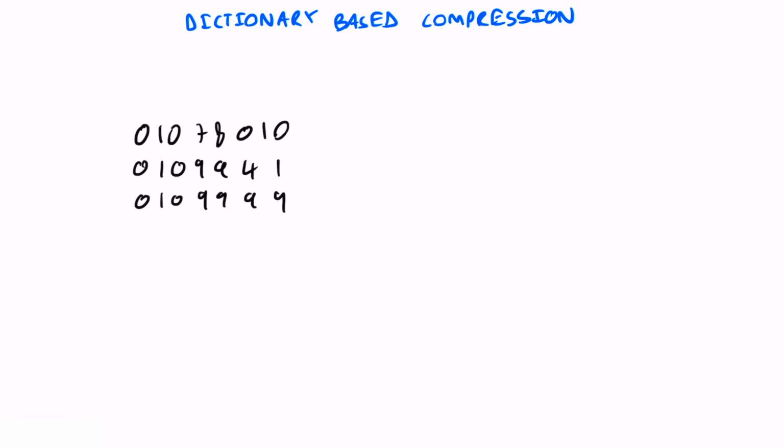So now let's take a look at dictionary-based compression, which instead of finding consecutive runs, finds patterns in our data and creates a dictionary. Can you see any recurring patterns in this image? Well, we have a 0, 1, 0. We have another 0, 1, 0, and here and here. We also have another repeating value, which is 9, 9.